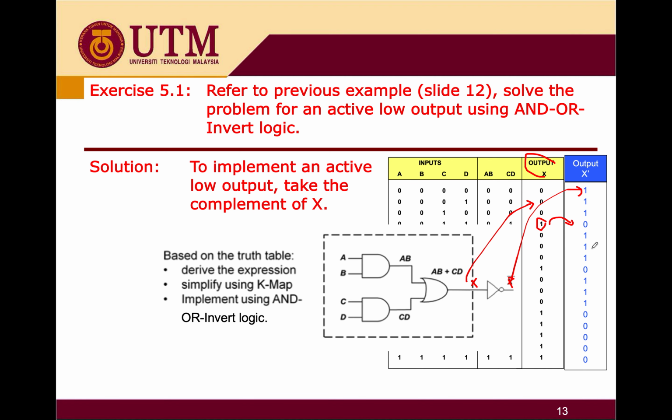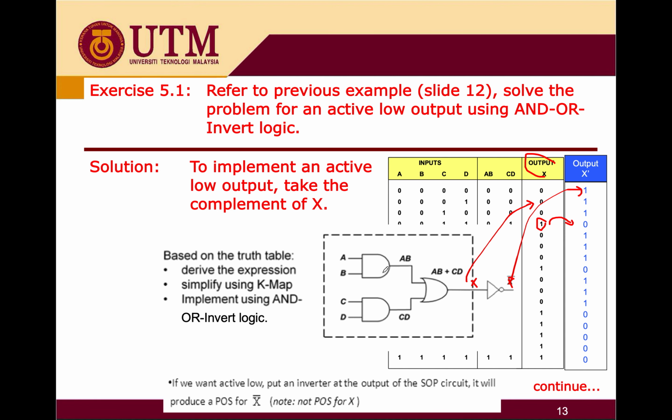Based on the truth table, you can describe it using your K-map and simplify it, and then you implement the AND-OR-inverse logic. If we want active low, put the inverse in the output. So you can see over here, you put the inverse on the output of the SOP circuit. It will produce POS for X bar.